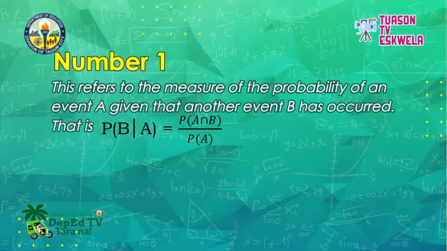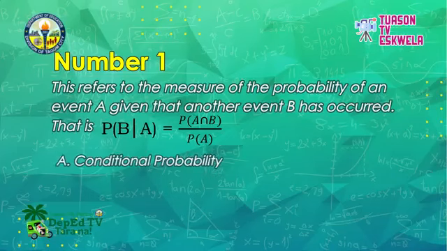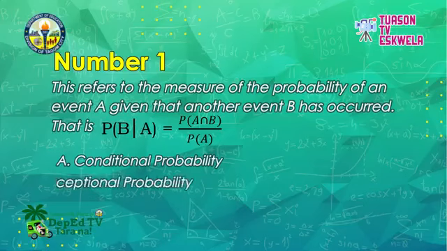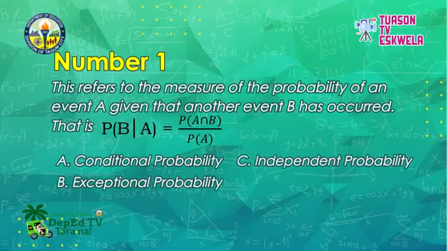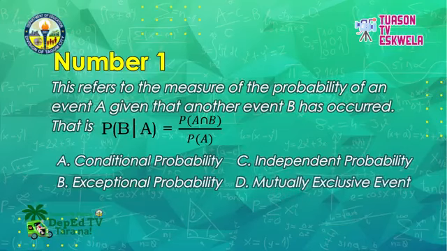That is, the probability of B given A equals the probability of both the event A and the event B divided by the probability of just event A. Choices are: letter A, conditional probability; letter B, exceptional probability; letter C, independent probability; and letter D, mutually exclusive event.